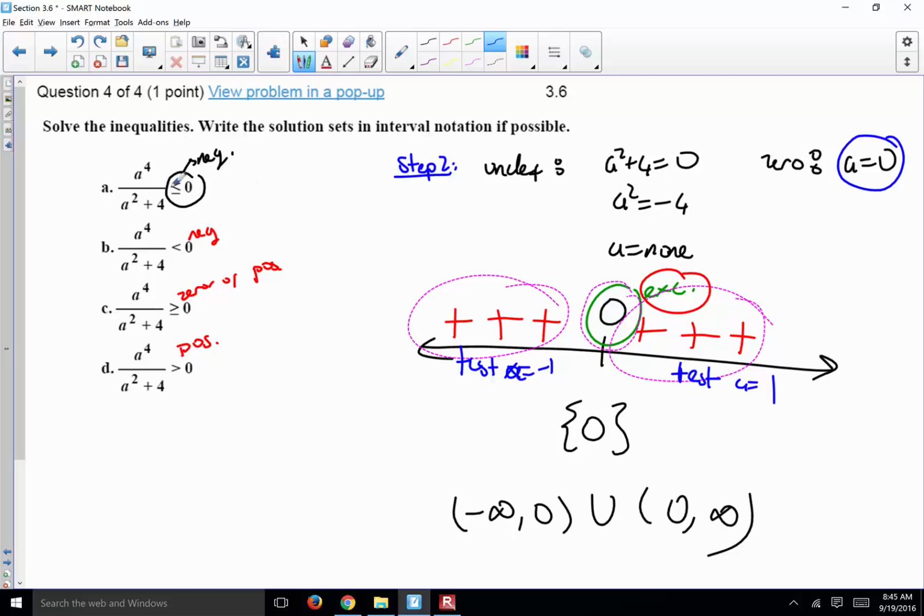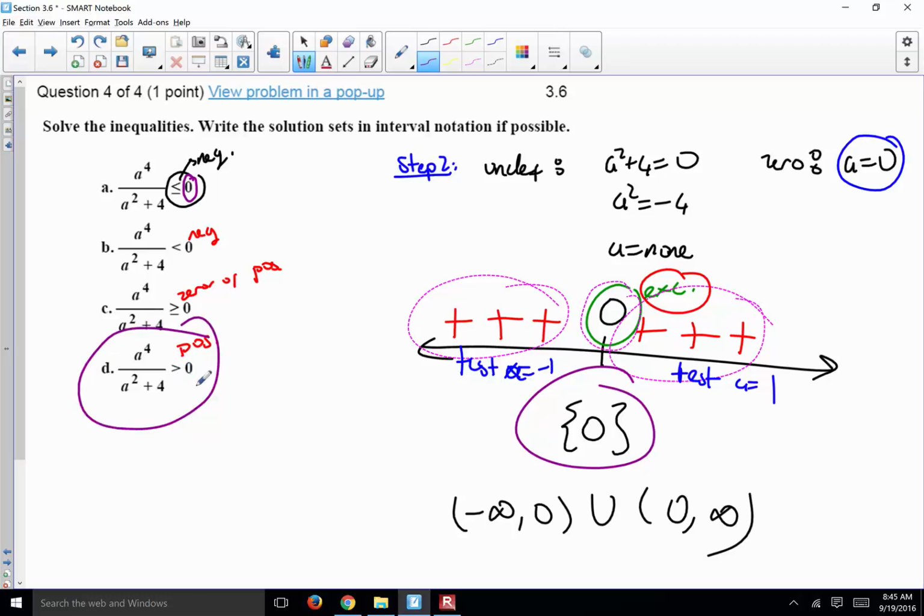Right? Test -1: -1 raised to the 4th, -1 squared plus 4, is positive. We have figured that this is always positive, never becomes negative, but 0 is allowed. So the only case that makes this statement correct is a equals 0. That was the first answer. And it never becomes negative, always positive.